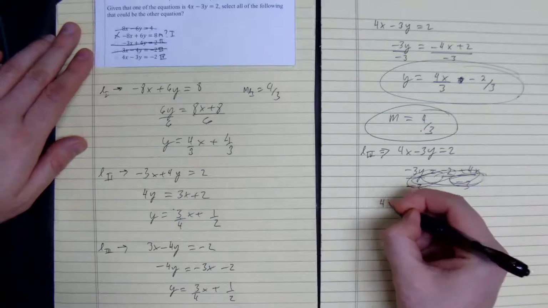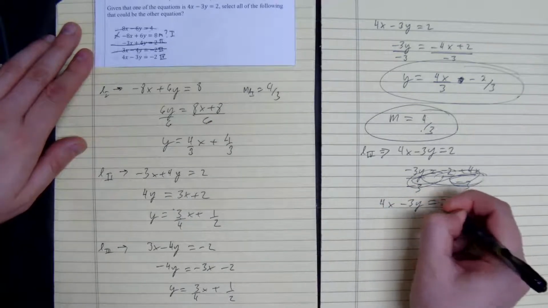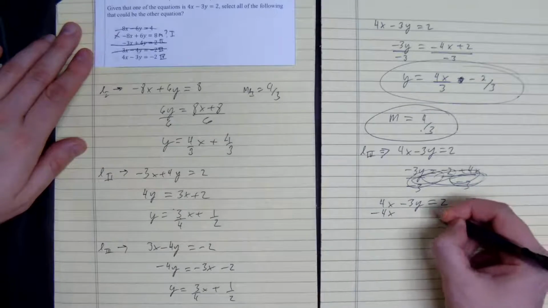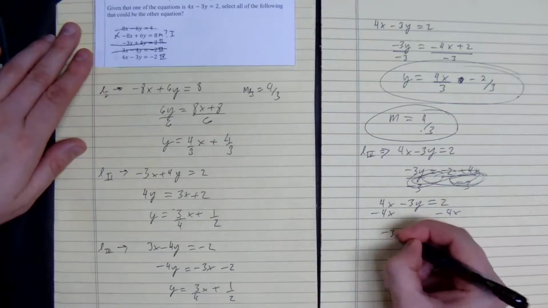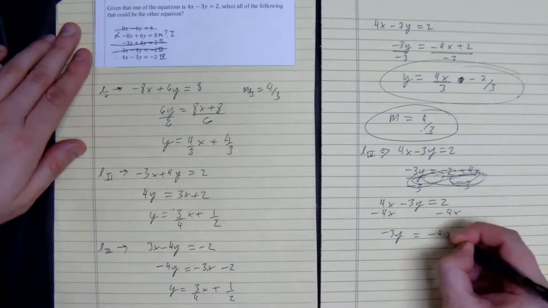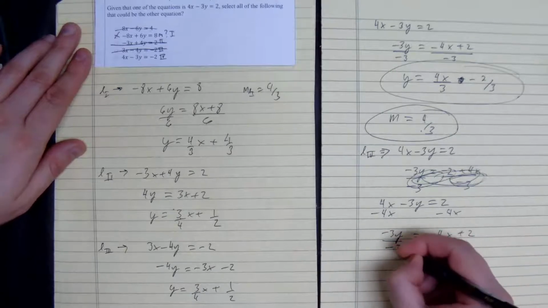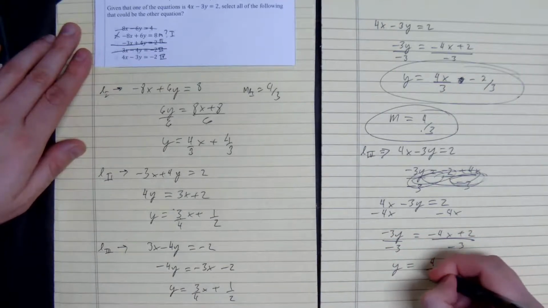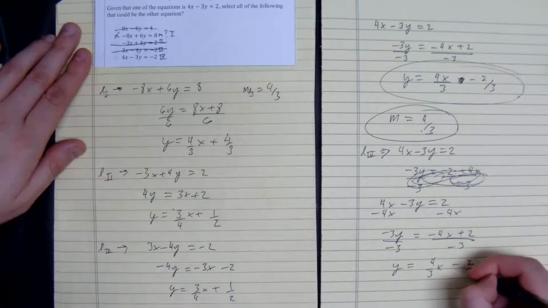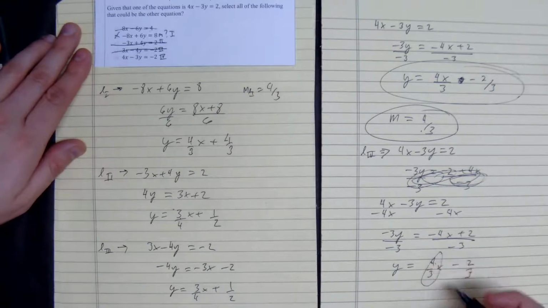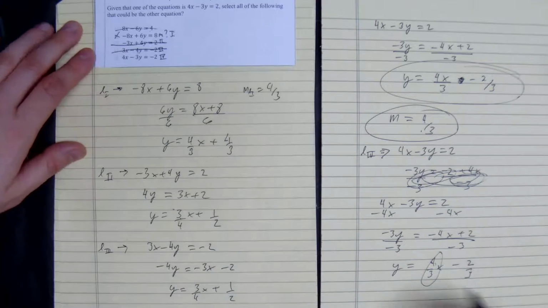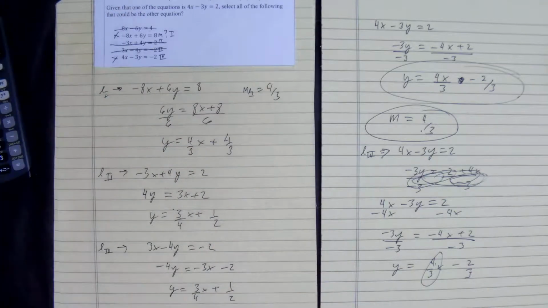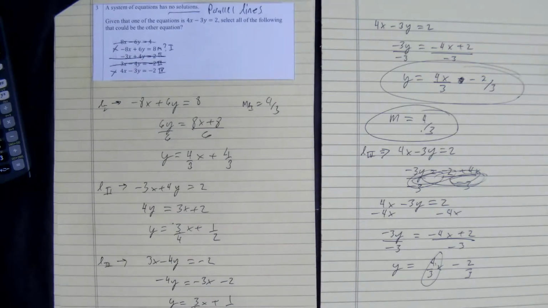Let me just redo it. 4x minus 3y equals 2. Subtract the 4x, that's what I forgot to do. Negative 3y equals negative 4x plus 2, divided by negative 3. We get y is equal to 4/3 x minus 2/3. Same slope as above. So we would choose line 4, which also gives no solutions for this problem. Alright, and that is number 3.